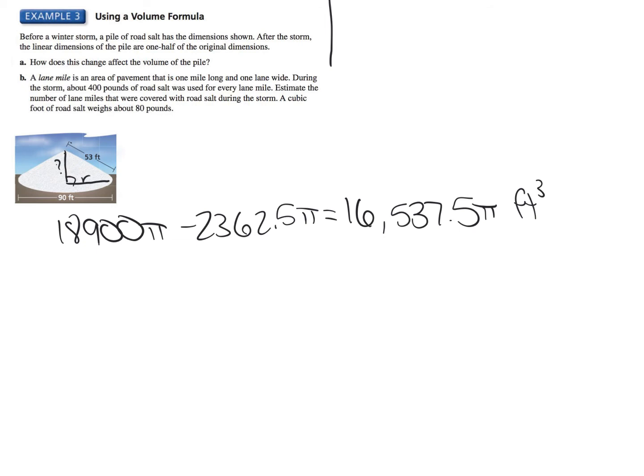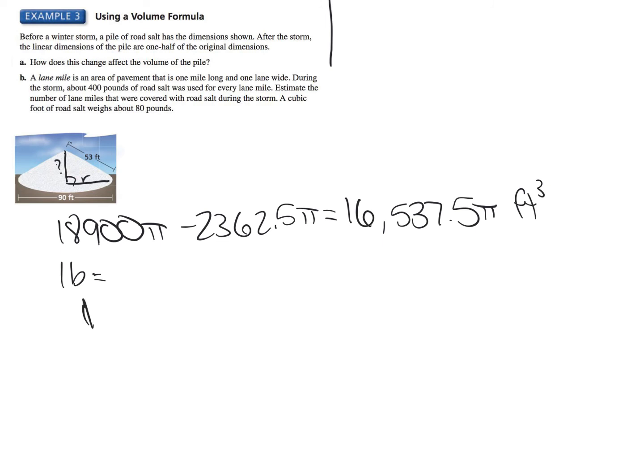So now we need to use conversions to see the number of lane miles covered with road salt. So starting off, pounds of road salt that was used. We need to change this from feet into pounds. It says that a cubic foot of that road salt weighs about 80 pounds. So we need to do conversions, and we're going to set it up so that we look at how much road salt we used times 80 pounds over 1 foot.